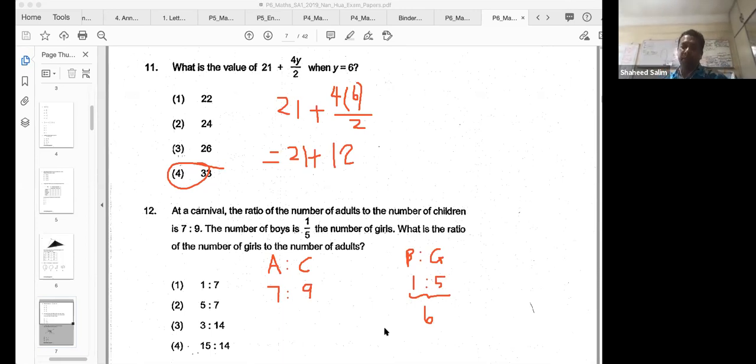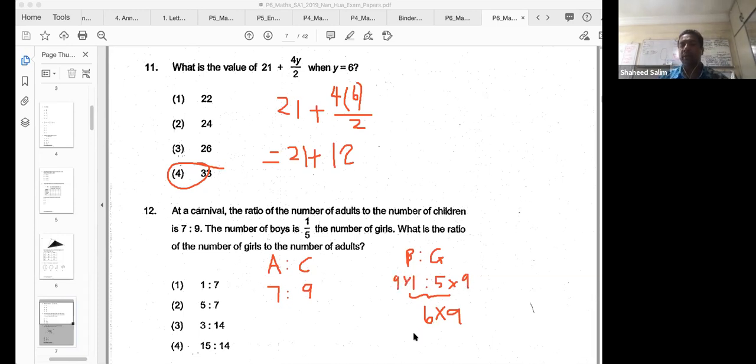Any number smaller than 54? I don't think so. Let's see, divide by 2, 3, 27 cannot. So we take 54. So I'm going to times by 9. I get 54. This one I times by 9. This one I times by 9.